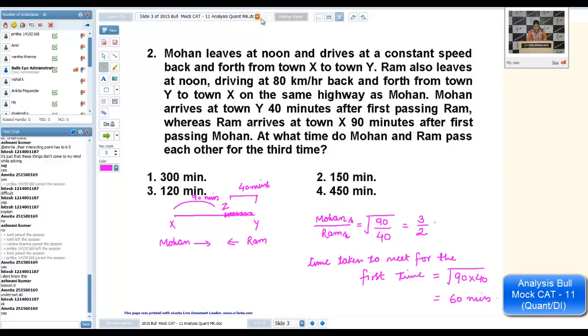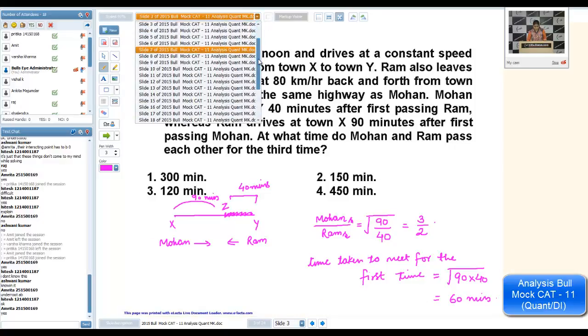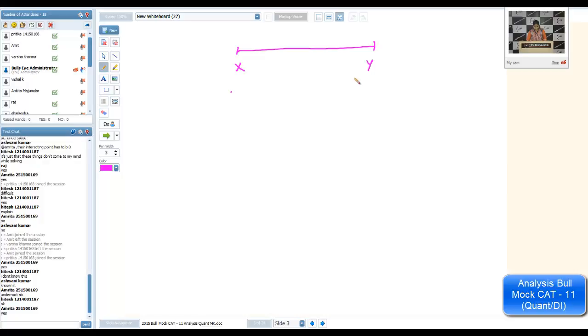It was Mohan, after reaching point Z, he is taking 40 minutes and 90 minutes are taken by Ram, the other person. They both are moving in the opposite direction. Now come to the derivation part.